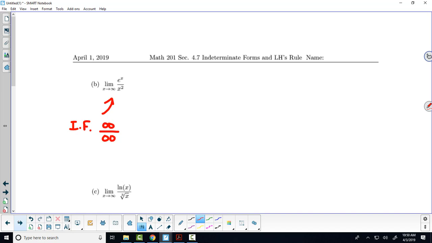So let's go ahead and evaluate this limit. We're going to apply the L'Hopital's Rule. So this will be now the limit as x approaches, it's still approaching infinity, of the derivative of the numerator over the derivative of the denominator.